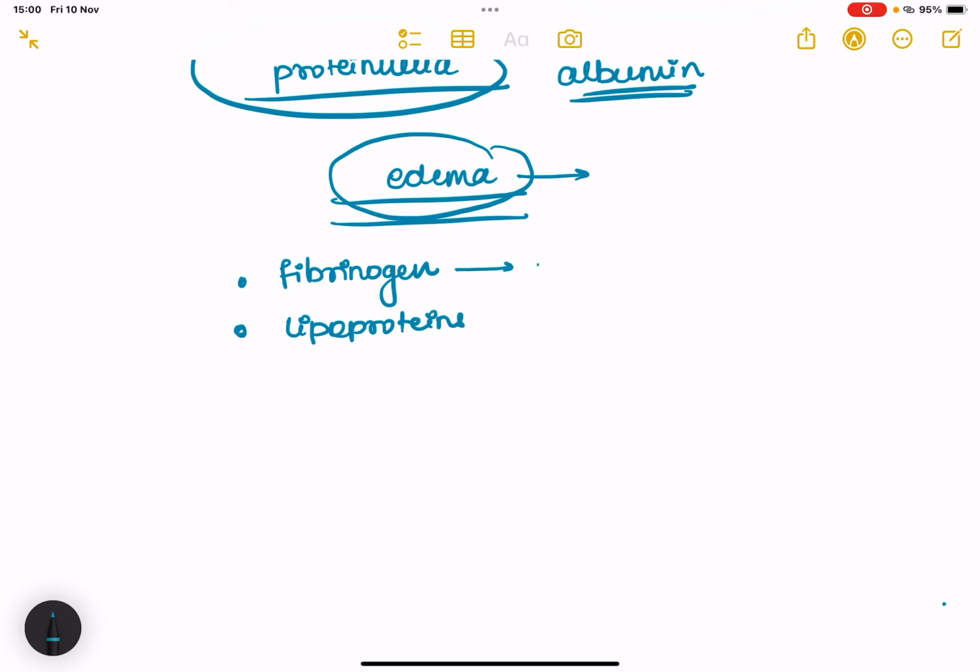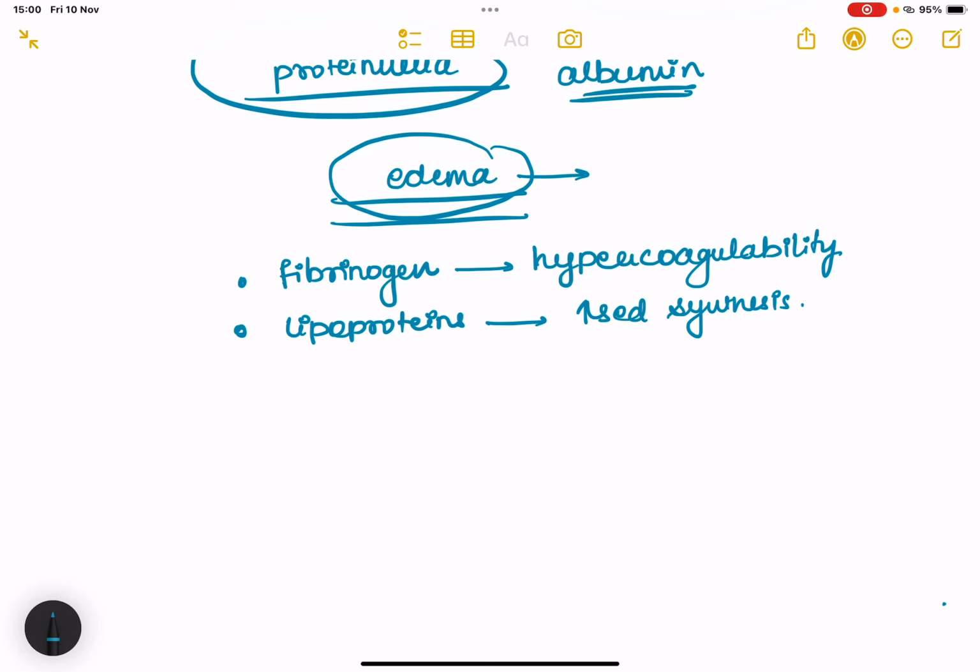There will be hypercoagulability, and the thrombus will form very rapidly. Next, lipoproteins are increased because there is increased synthesis of lipoproteins as a result of decreased albumin in our body.